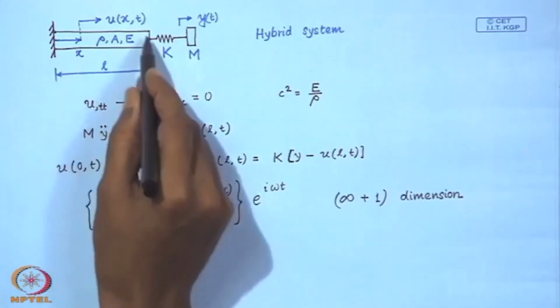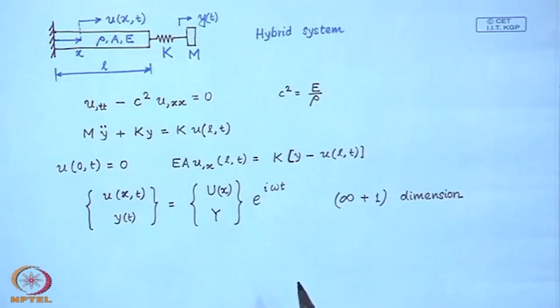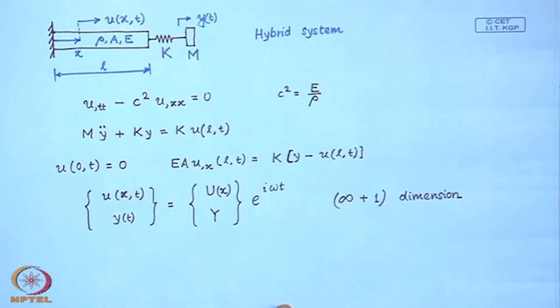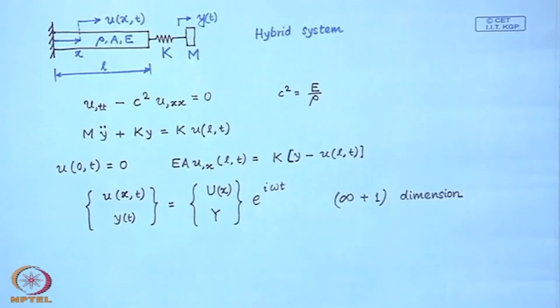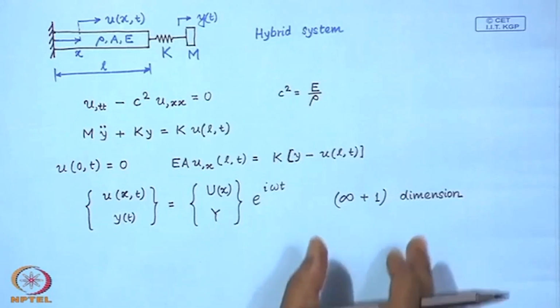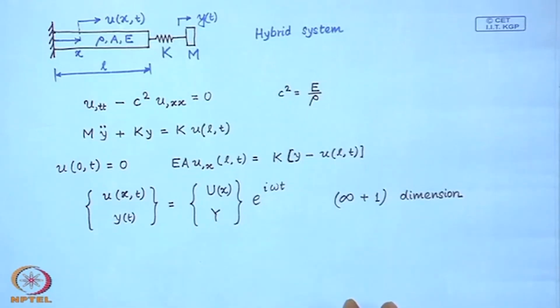Infinity because of this bar, as we already know, and plus 1 because of this discrete system. So, the modal space is of dimension infinity plus 1.